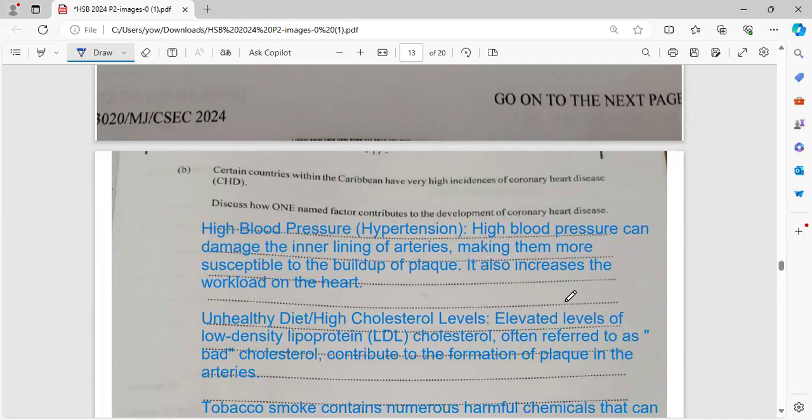So it's really bad cholesterol, and normally bad cholesterol would have been more accepted. So bad cholesterol and good cholesterol. Low density lipoprotein, bad cholesterol, contributes to the formation of plaque in the arteries.